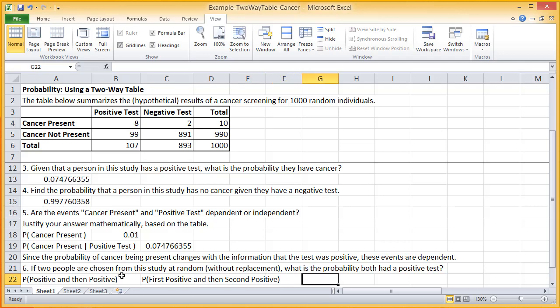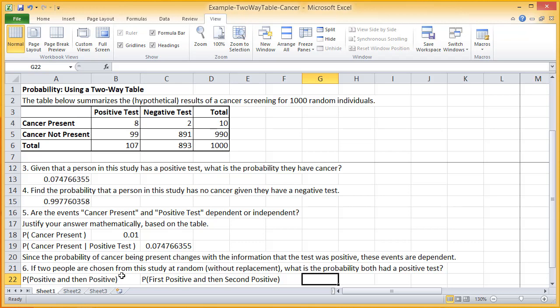This involves the multiplication rule. Anytime we're being asked to find two events with the word "and," like both have a positive test, first person and then second person, or anytime we use the phrase "and then," like two events happening in sequence, one and then the other, we're going to end up multiplying the probabilities.